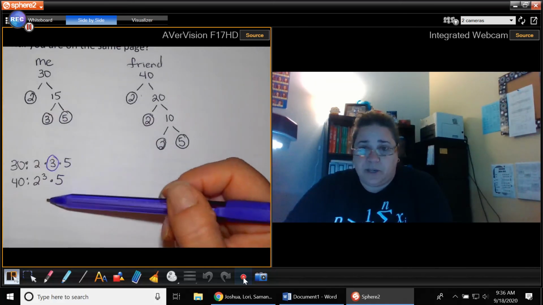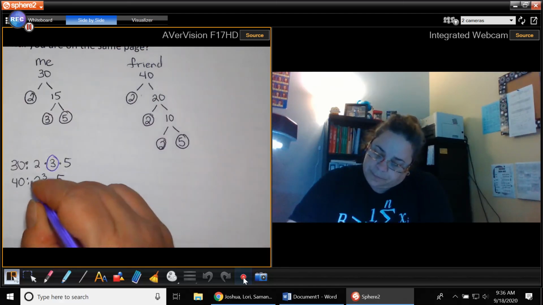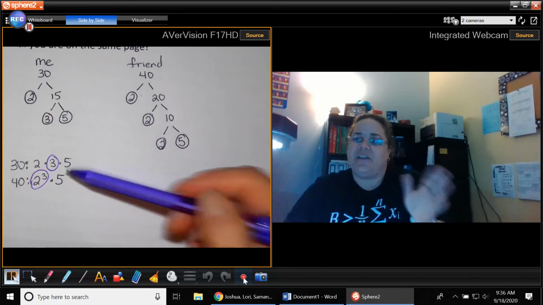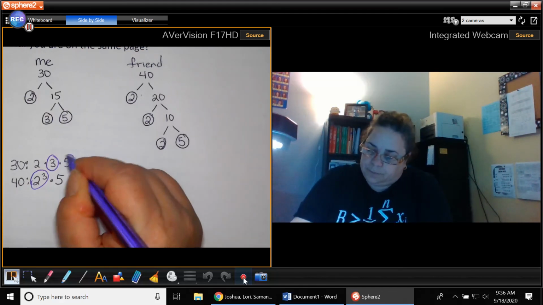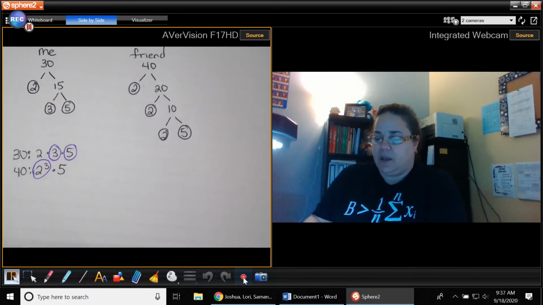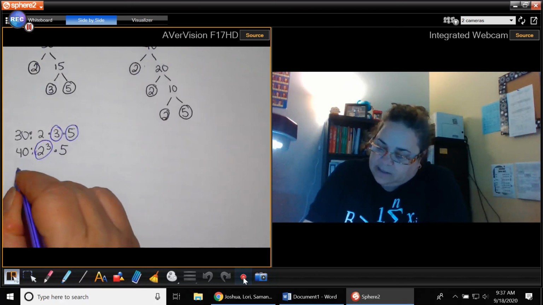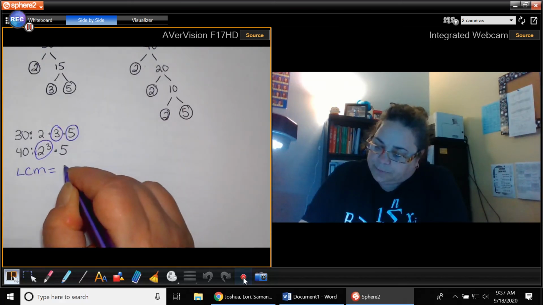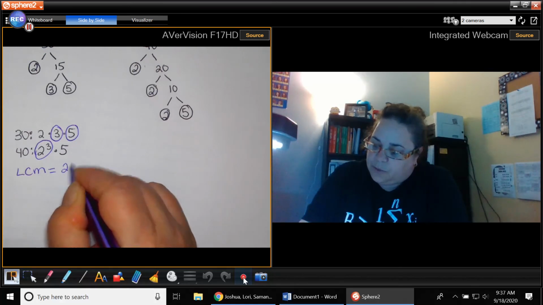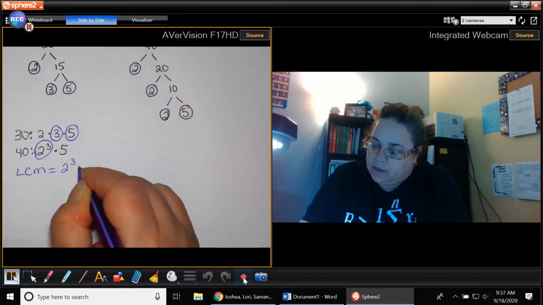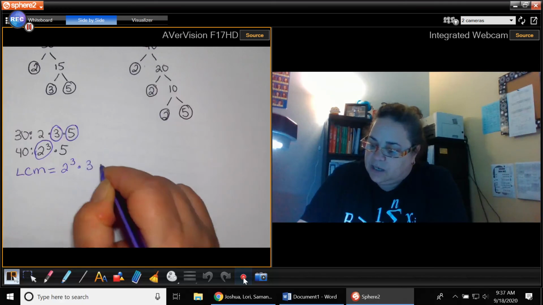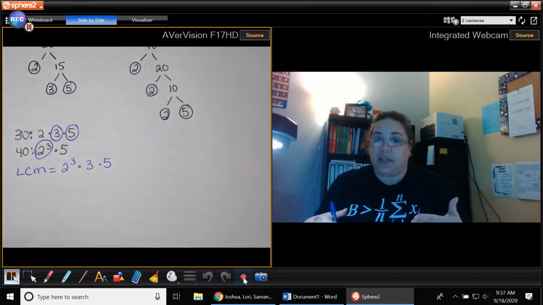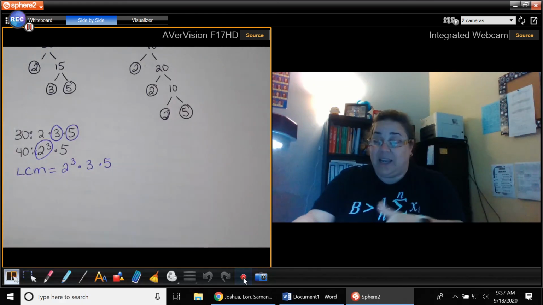Which one's bigger? 2 cubed. And then here I have a 5 and a 5. Either one will work. So that means that my LCM is going to equal 2 to the 3rd times 3 times 5.